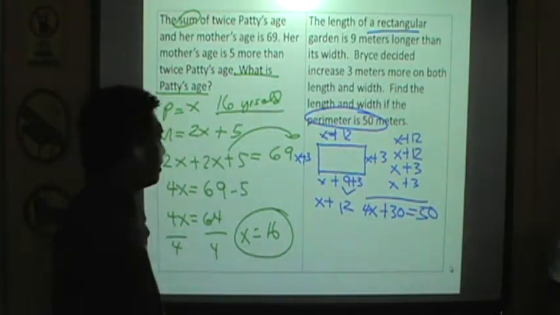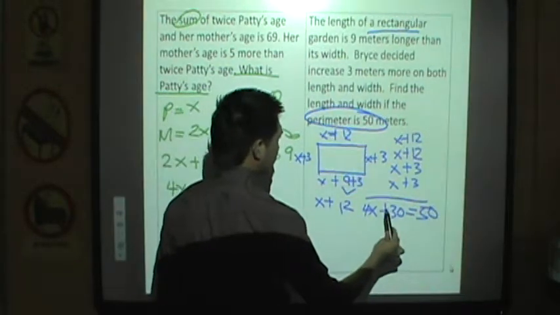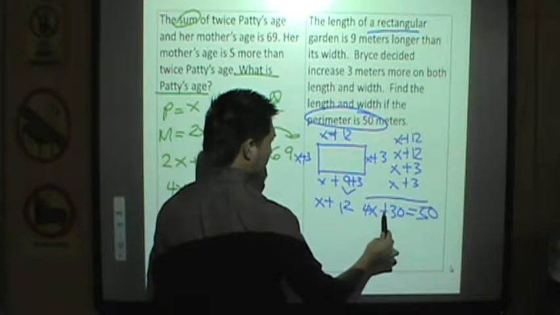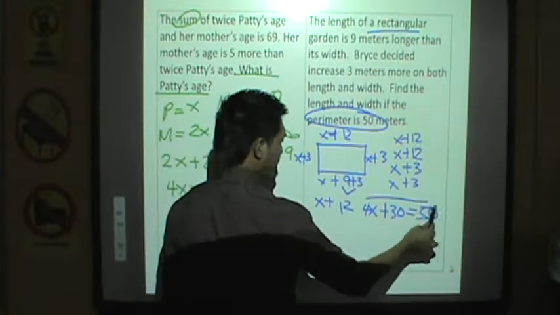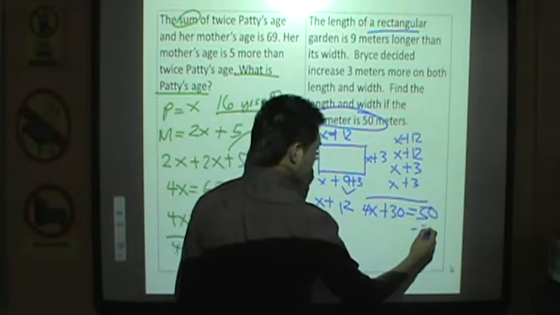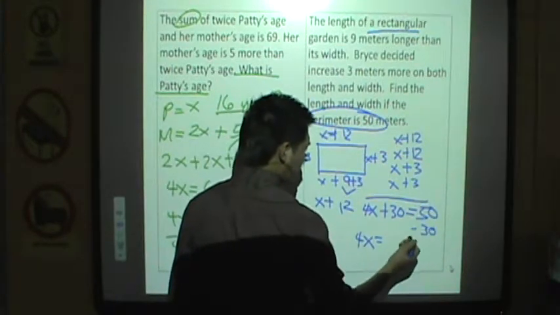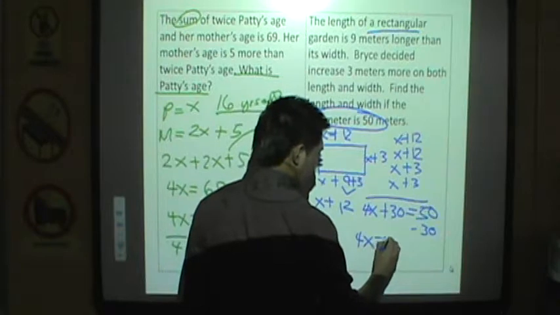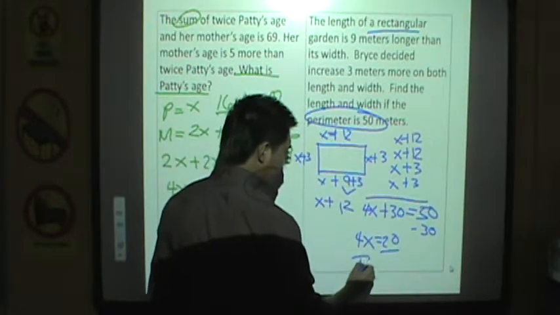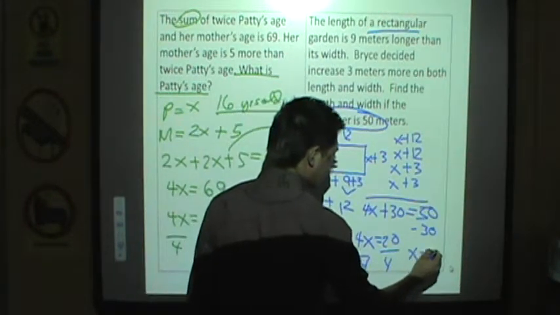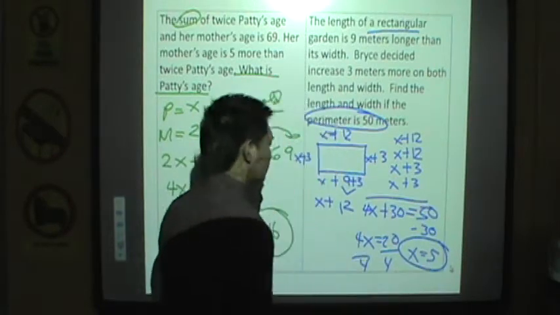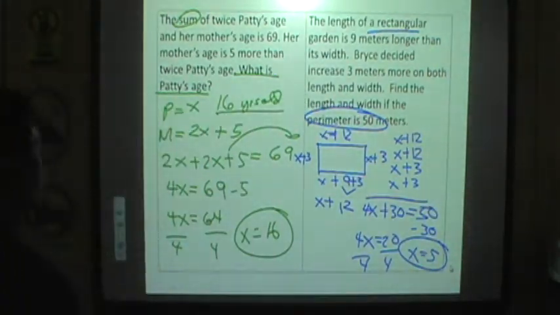So let's put that plus 30 over, it becomes minus 30. And now we have 4x equals 50 minus 30 is 20. Divide both sides by 4, x equals 5. 20 divided by 4 is 5.